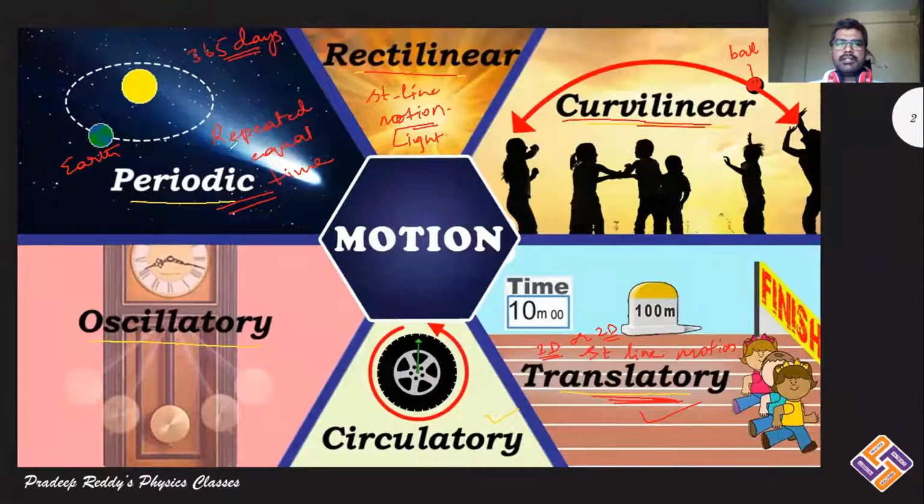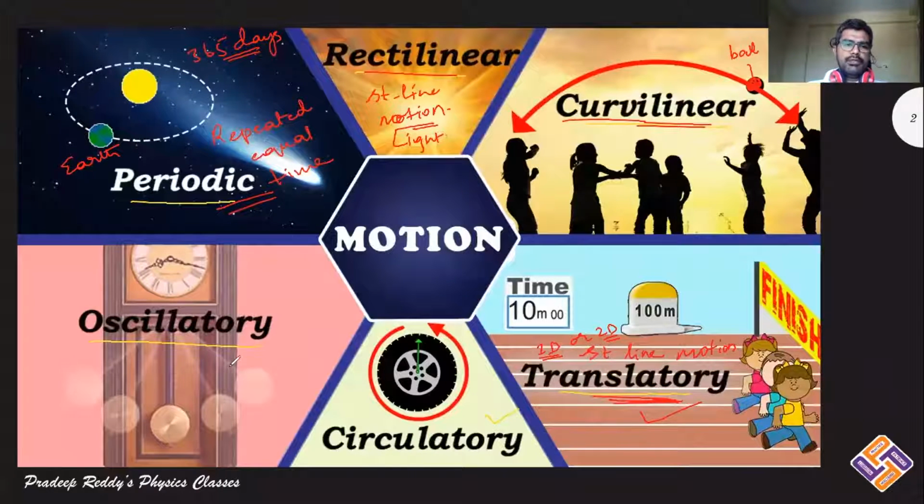For one revolution it takes 365 days, which we generally call 1 year. So for every 1 year, Earth completes one revolution around the sun. If the motion is repeated within equal intervals of time, such motion is said to be periodic motion.